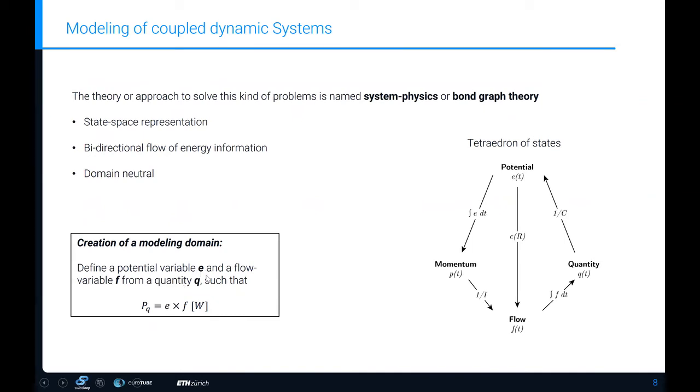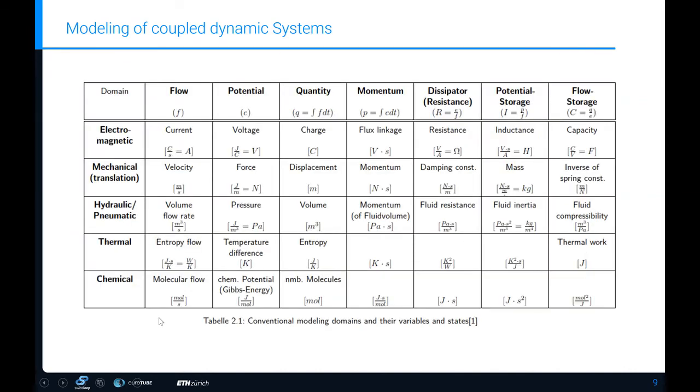You define an effort variable E, a flow variable F, and a quantity Q, and then E and F together should be a power, and then you have created a new modeling domain which can be used for this kind of modeling, as for coupled dynamic system modeling.